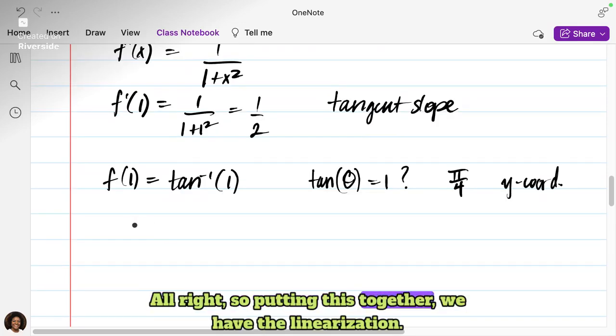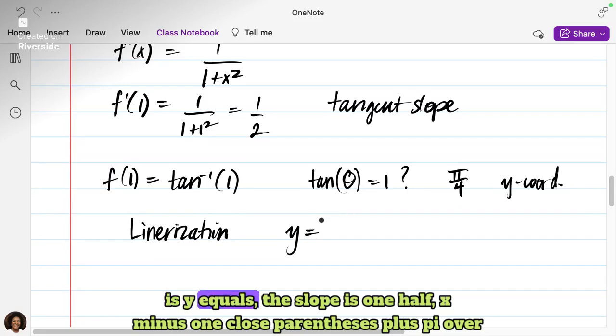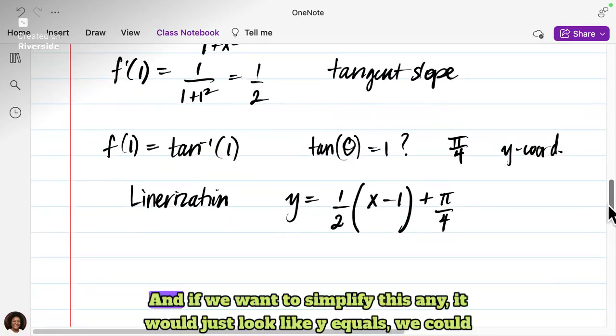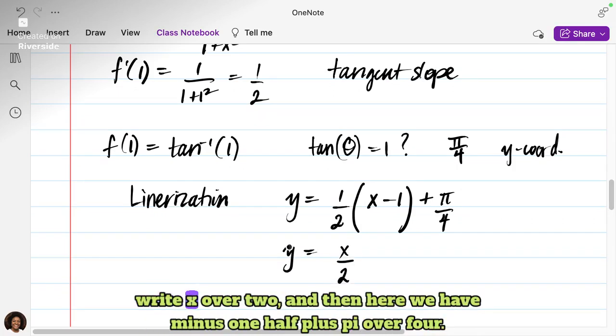Putting this together, the linearization is y equals, the slope is 1/2, times x minus 1 in parentheses, plus pi over 4. If we want to simplify this, it would look like y equals x over 2, and then here we have minus 1/2 plus pi over 4.